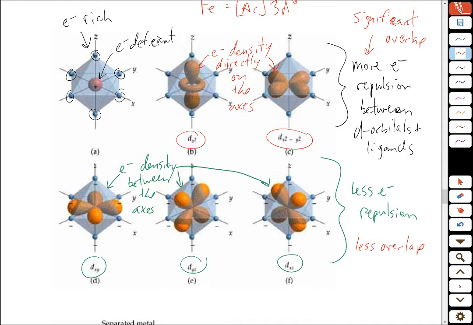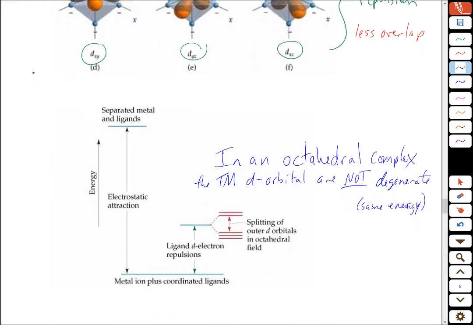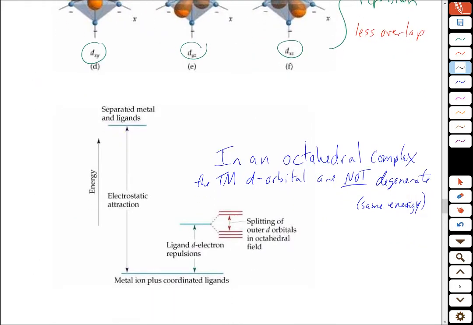Okay? So, to summarize what's happening, we have iron 2 plus, and we have 6 water molecules. The metal ion and the 6 water molecule ligands are separated in space. They are not attached to each other. That's going to be a high energy system.